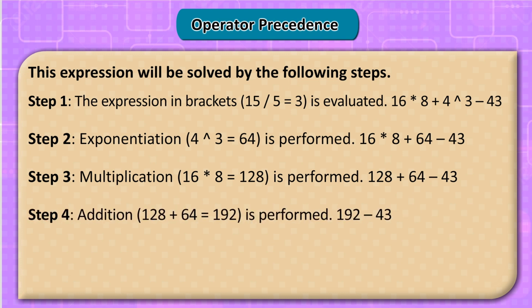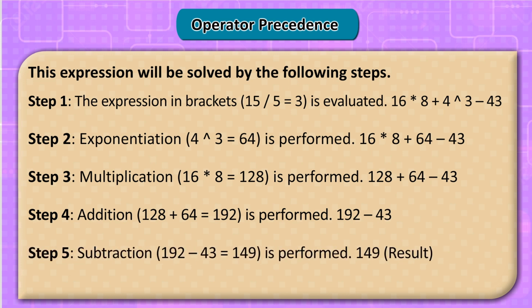Step 4. Addition, 128 plus 64 equals 192, is performed. 192 subtract 43. Step 5. Subtraction, 192 subtract 43 equals 149, is performed. 149, result.